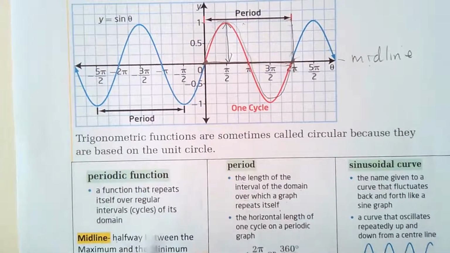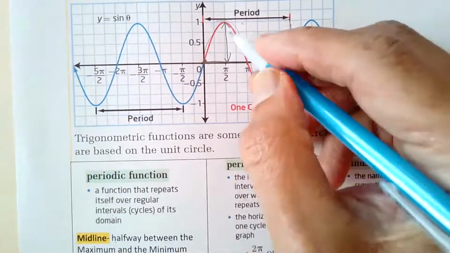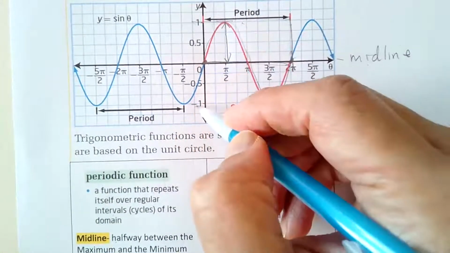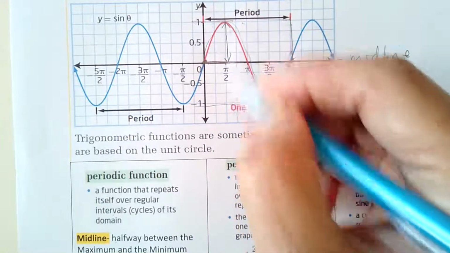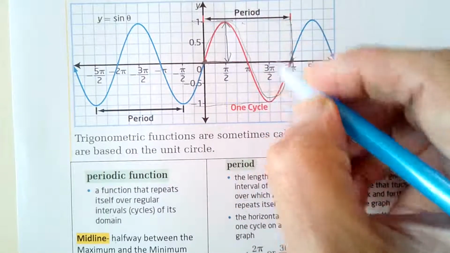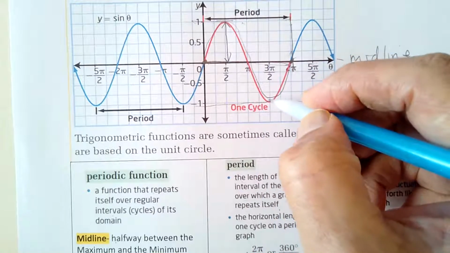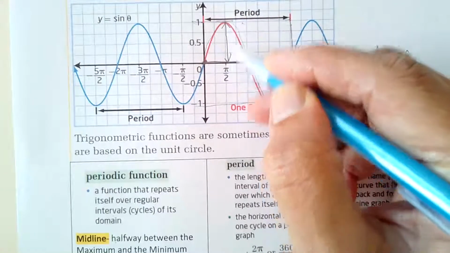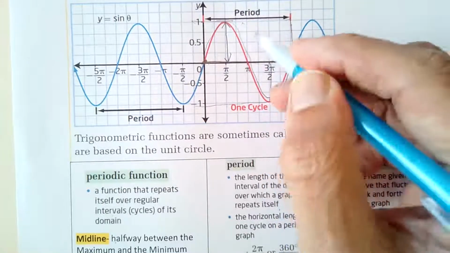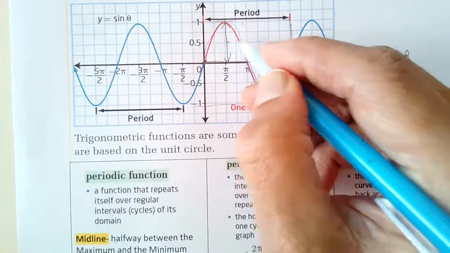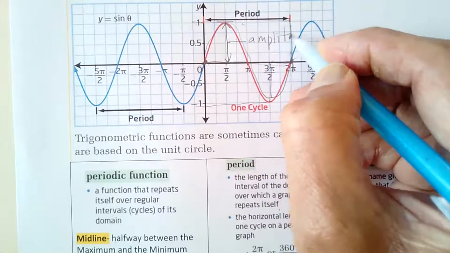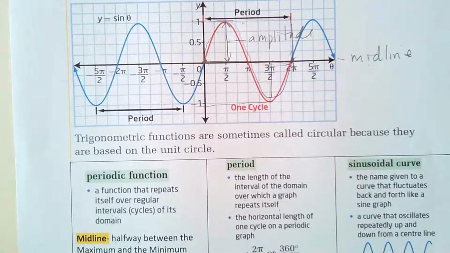Here the maximum is 1, the minimum is -1, so the midline is halfway between. The height from the minimum to the midline is the same as the height from the midline to the maximum. So this is 1. In this case here, we call this the amplitude. Amplitude is 1.